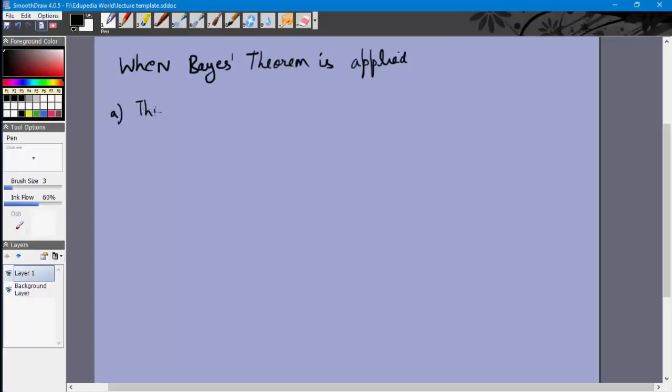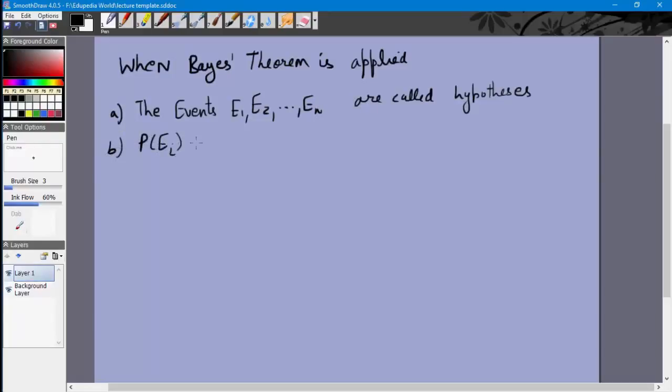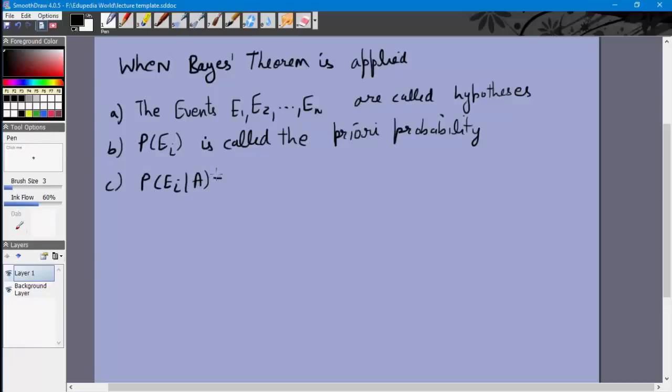The events which were the partition of the sample space, E1, E2, ..., En, are called the hypothesis. Then P(Ei) is called the priori probability, and the conditional probability P(Ei|A) is called a posteriori probability.